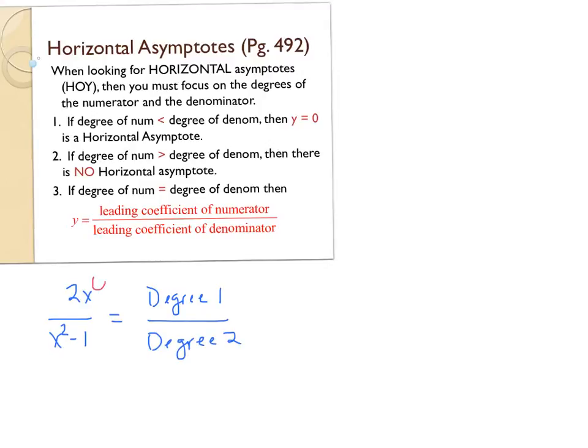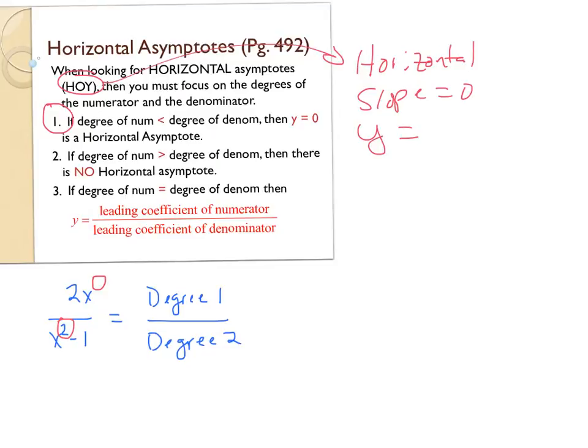So I'm looking at the highest power. And that is going to tell us what type of horizontal asymptote it is. So horizontal asymptote, it's a y equal to equation. So this is horizontal, y is equal to, the slope is equal to 0, and it's a y equal to equation.